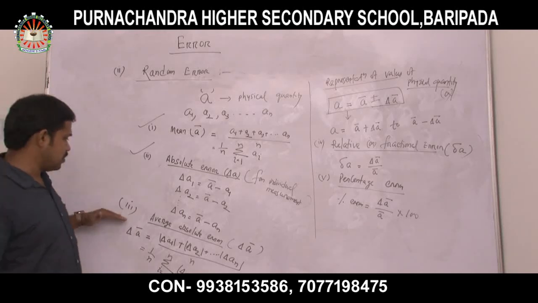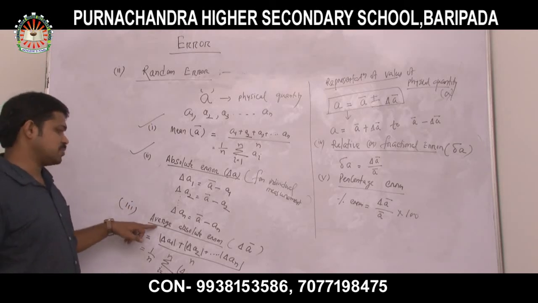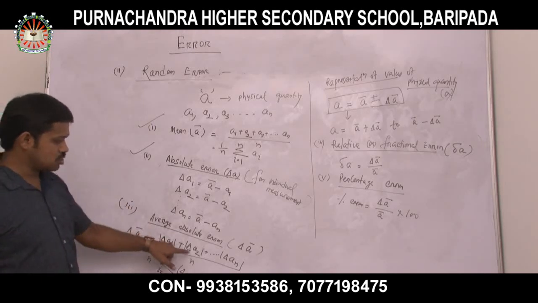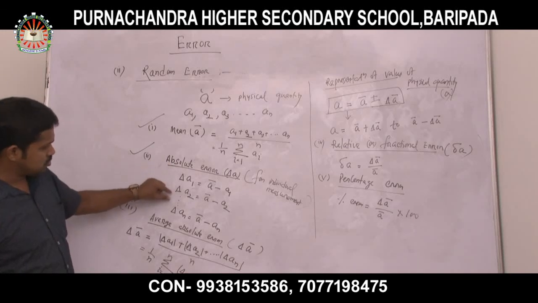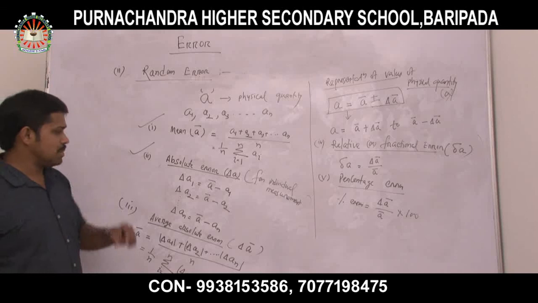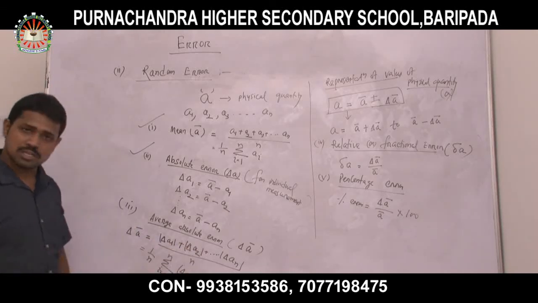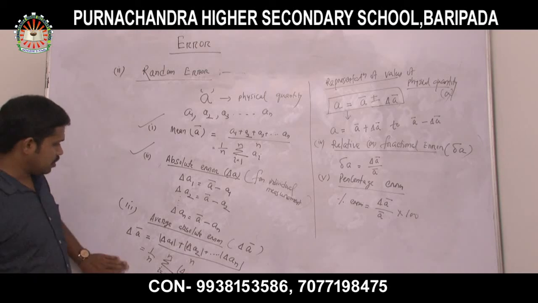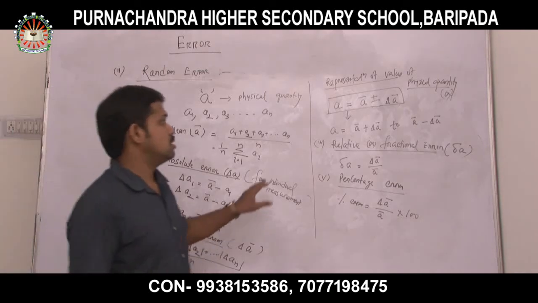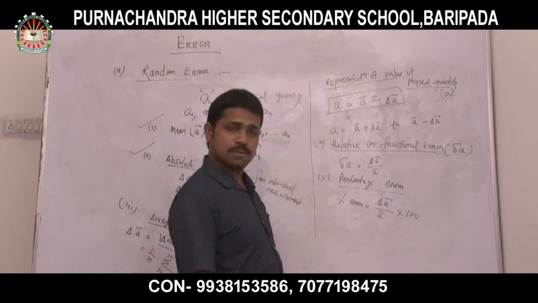We have to be careful that while calculating the average absolute error, we take the modulus, because the absolute error values of individual measurements can be positive or negative. That's why the modulus is there. After the average absolute error, we represent the value in this manner.